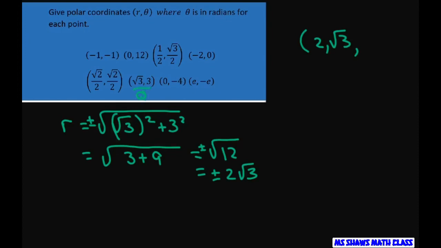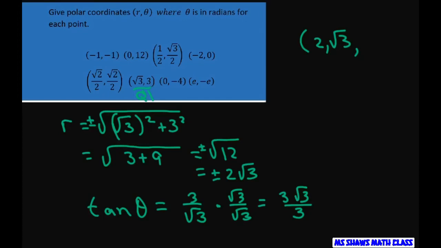We're in quadrant 1. So we have tan θ equals 3 divided by √3, which is the same as, if you rationalize the denominator, 3√3 divided by 3, which equals √3. So since we're in quadrant 1, this is going to be 2π divided by 3.